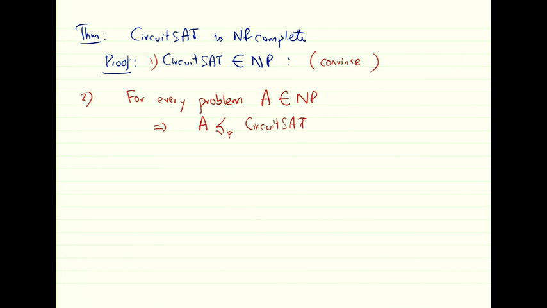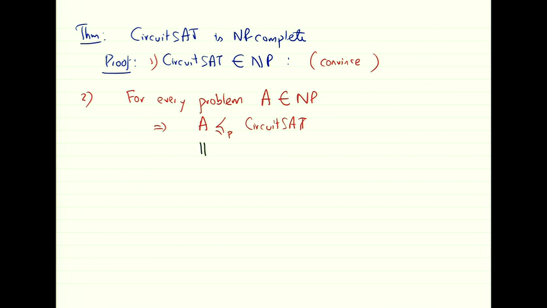So I need to give you a reduction from any problem in NP to circuit SAT. That's the plan. I'll show you this reduction, but to keep things concrete, let's just pick A to be some nice problem we understand very well. But eventually we'll see that the proof works for any problem.